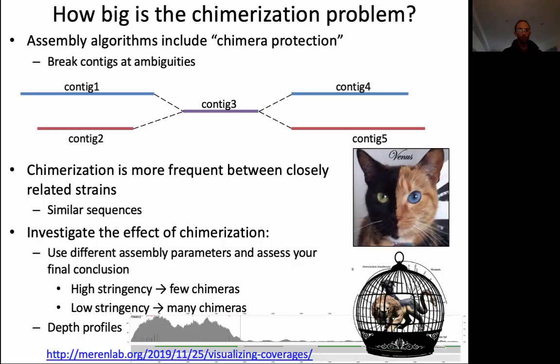And you can see that there's quite a sharp drop in the depth along the contig length, indicating that this might be a chimeric contig that was assembled, where this part of this organism actually is much more abundant than this organism over here. And this contig, we should probably break somewhere over here.